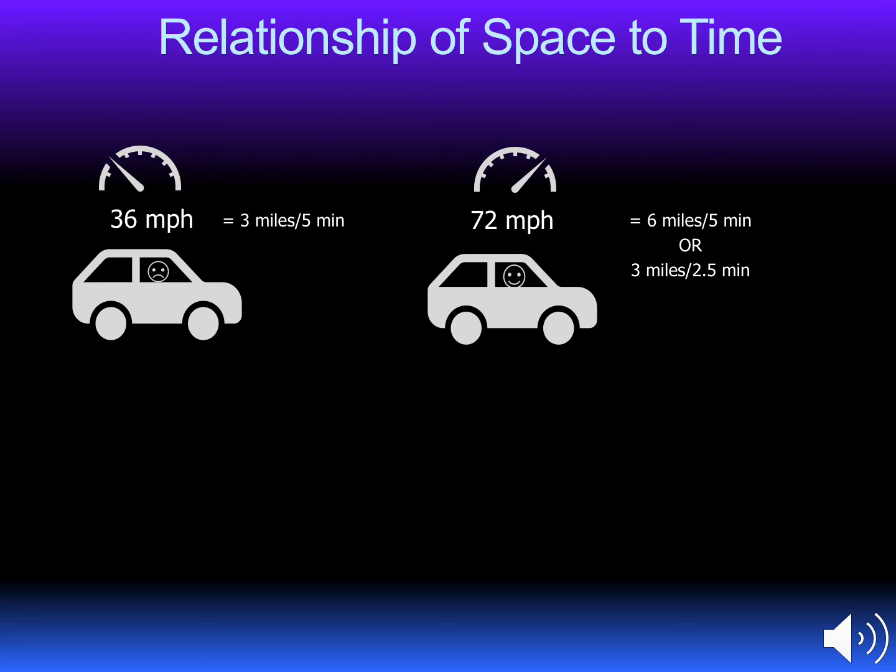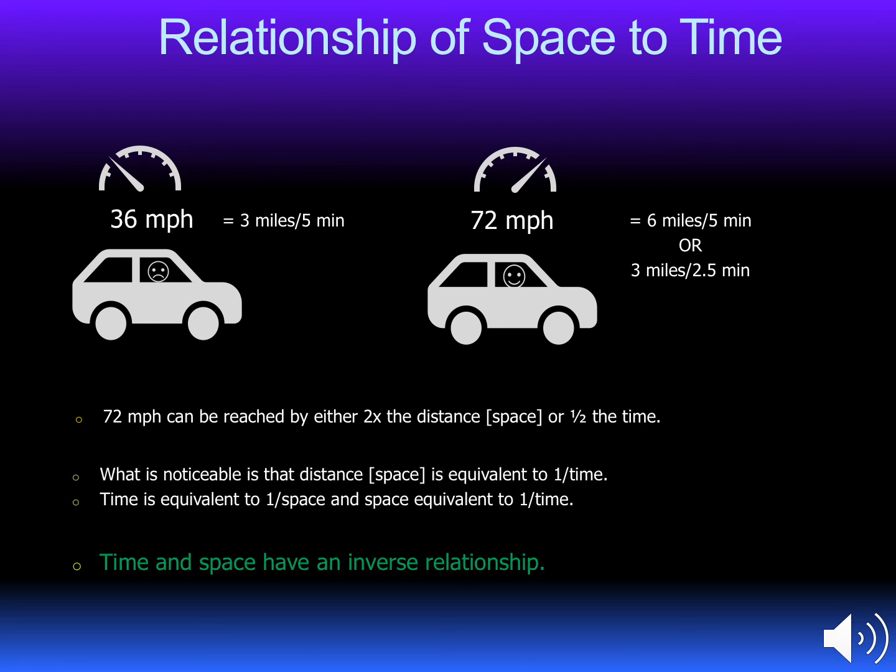Either they can cover 6 miles in the same 5 minutes, or they can cover the same 3 miles in 2.5 minutes. So 72 miles per hour, or kilometers per hour for the rest of the world, but I'll stick with miles per hour for now, can be reached by either increasing the distance by 2x or reducing the time by a half.